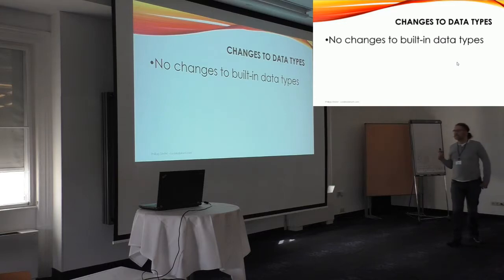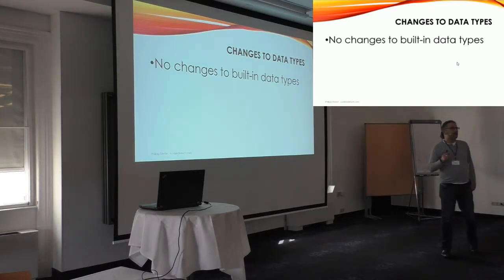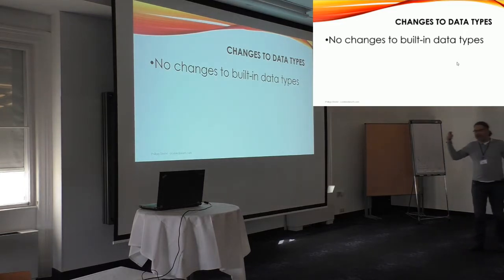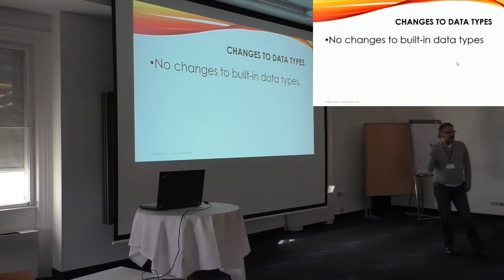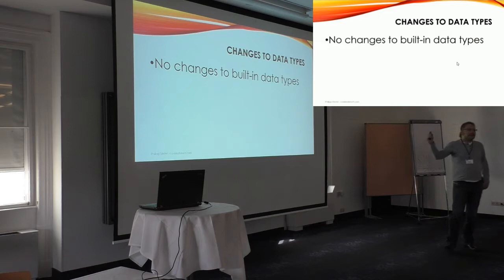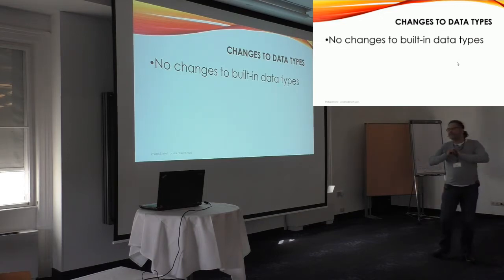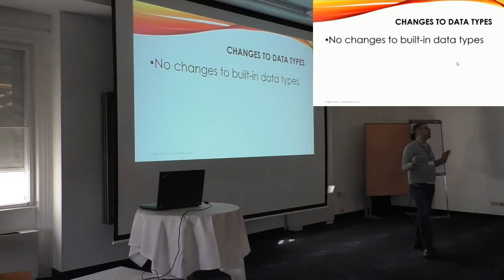An integer is still 2 bytes wide, a long is still 4 bytes wide, and even the external types, the DWORD that maps to a long, is still 4 bytes wide. If you're programming in C, your int data types retain their size, their long data types. There is no change to the existing data types whatsoever. They all stay the same. That is quite important to keep in mind sometimes.